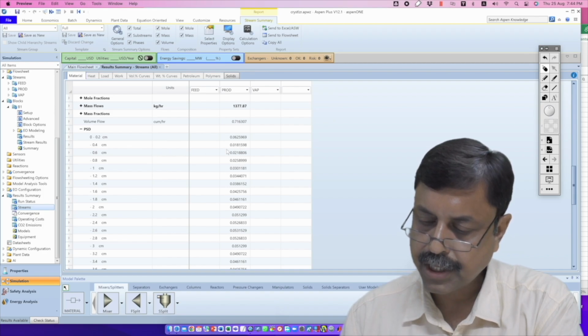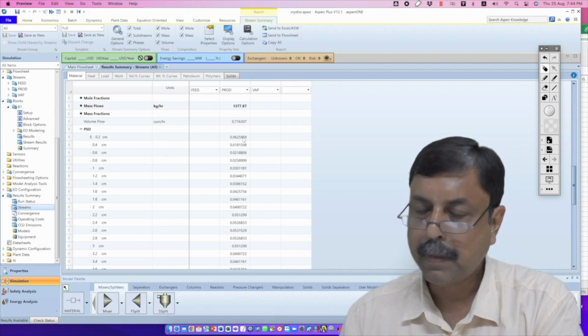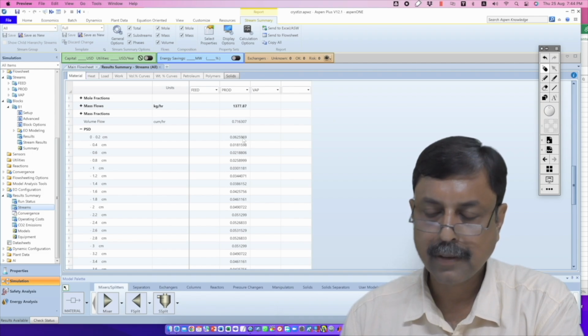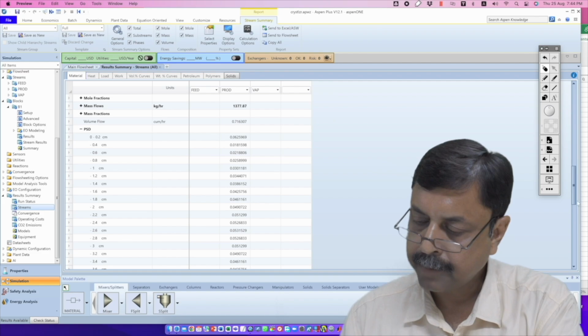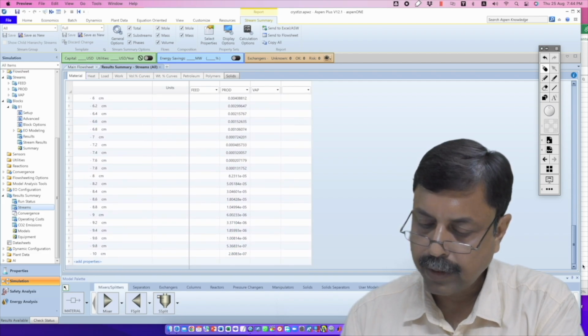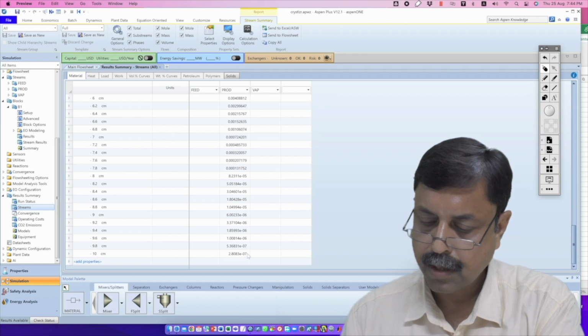So this is the fraction of particle size that falls in the range of 0 to 0.2 centimeter, then 0.4 centimeter, 0.4 to 0.6 centimeter, and so on. In equidistant way, it goes up to 9.8 centimeter to 10 centimeter.